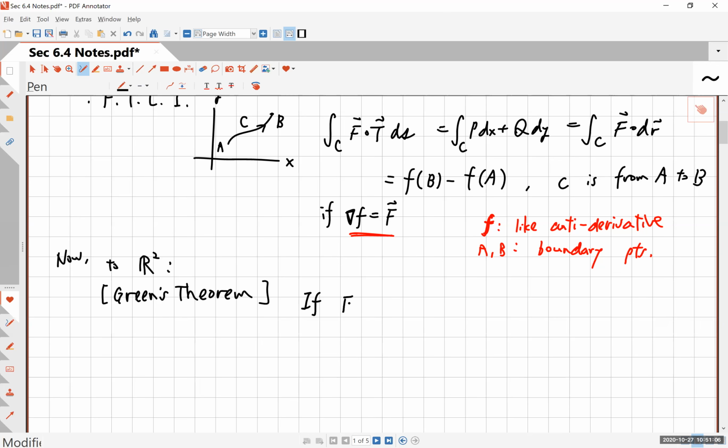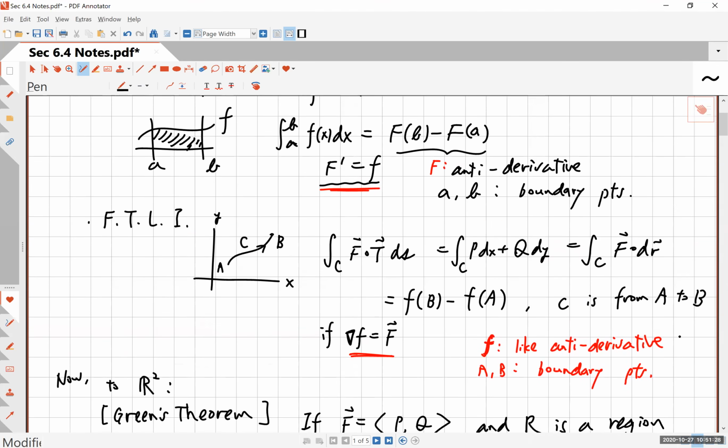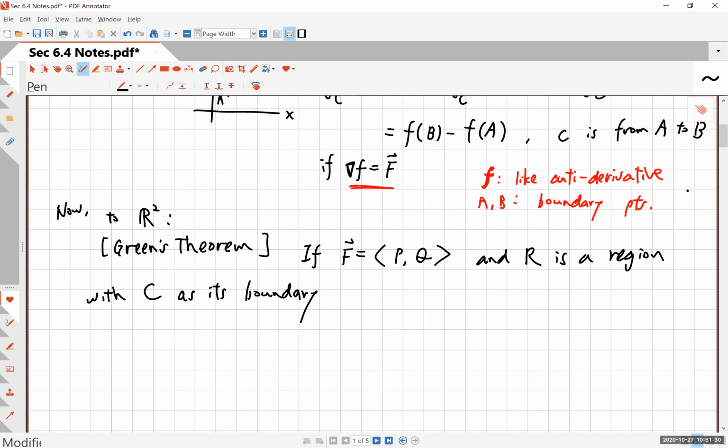If F is a two-dimensional vector field, P, Q, and if R is a region with C as its boundary. Now, here's a main difference between the first two I mentioned, the fundamental theorem of calculus and the fundamental theorem of line integrals, and Green's theorem.